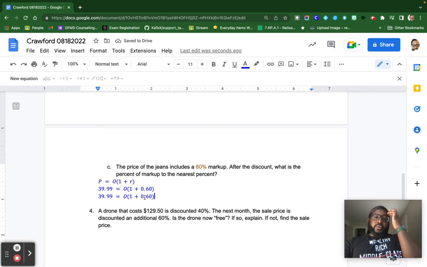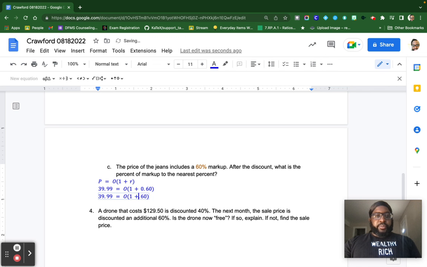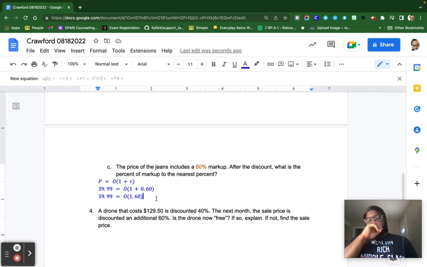And my nice little trick: whenever you add one to a decimal, just simply take out the zero and the plus sign. That's it. Because 1 plus 0.60 is like adding 10 to 6, which gets you 16.